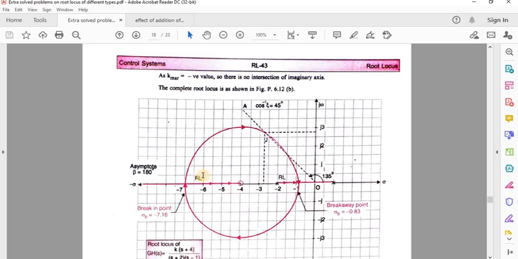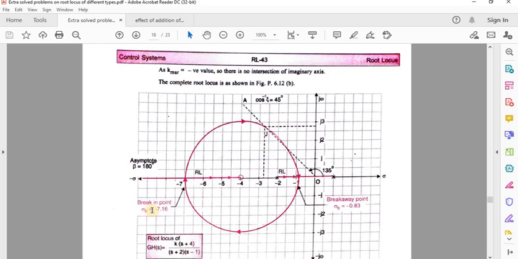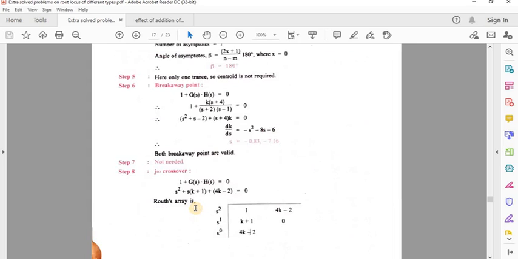As you can see here, this is the breakaway point, minus 7.16. There are two breakaway points, which are both valid. If there is only one breakaway point, then the root locus will end at infinity or it will cross the j omega axis.